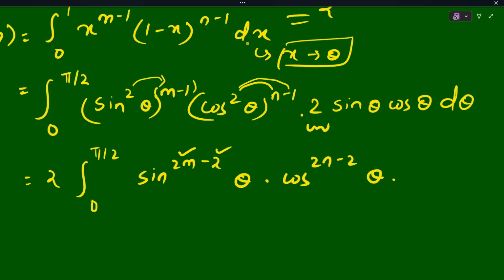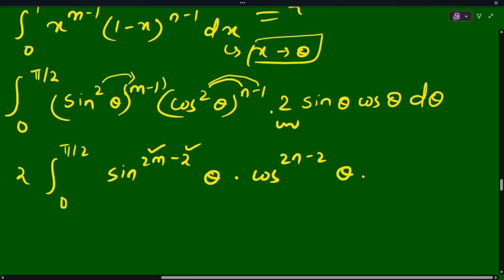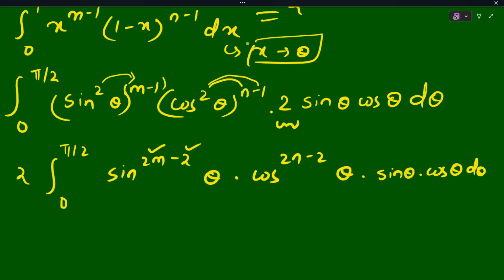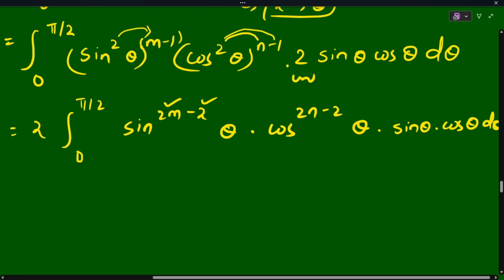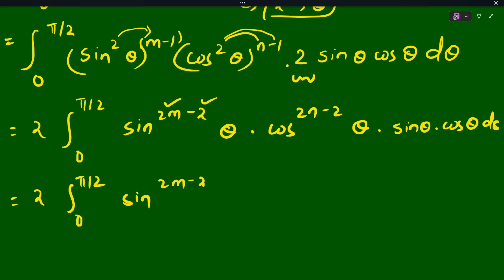Then the next terms here are sine theta into cos theta d theta. Now see, this is sine theta, this is also sine theta, the powers are different, so the powers will be added up. So it would be 0 to pi by 2, sine 2m minus 2 plus 1 theta, as this power is 1. Then similarly for cos, it is 2n minus 2 plus 1 of theta, d theta.